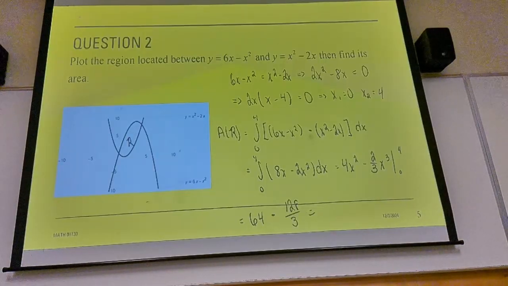Oh, well, here comes the fun part. 64 times 3. 180 and 12, 192. Minus 128. There's your area.